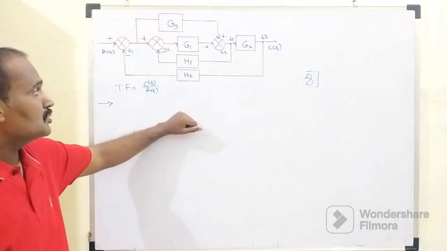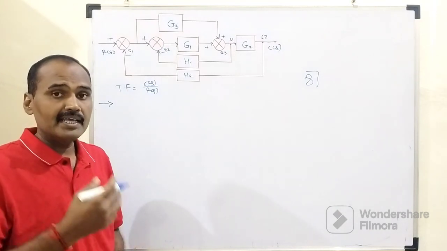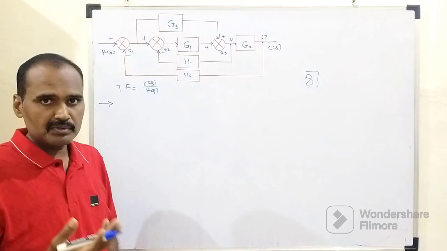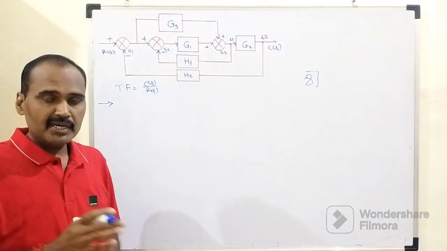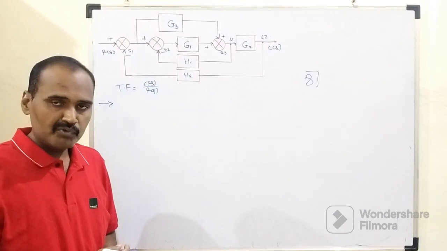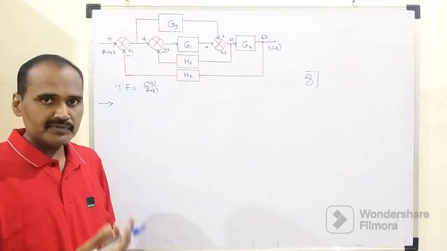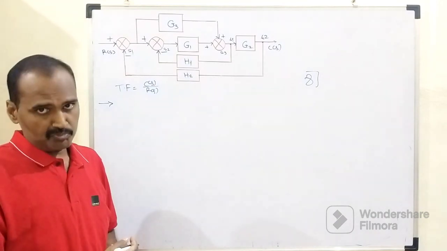Again, we cannot directly use reduction rule number 4, the associative law, which says that when n number of summing points are connected in series form, according to our convenience we can change their order. The remaining 4 rules belong to the summing point and takeoff point: how to shift the summing as well as takeoff point before and after a block.